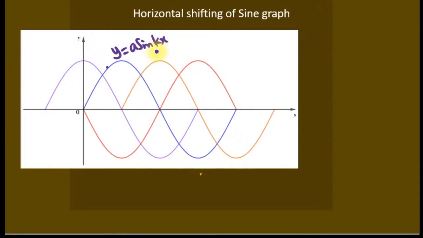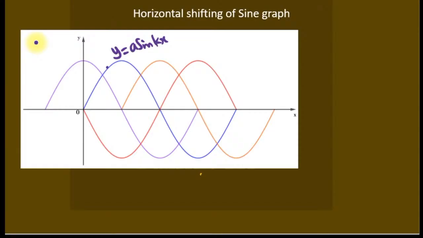So we can get the other three by shifting this blue graph either left or right. And also reflect it about the x-axis. So look at this one in blue. Look at the red one.